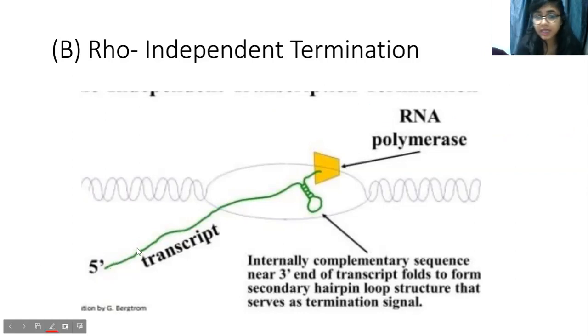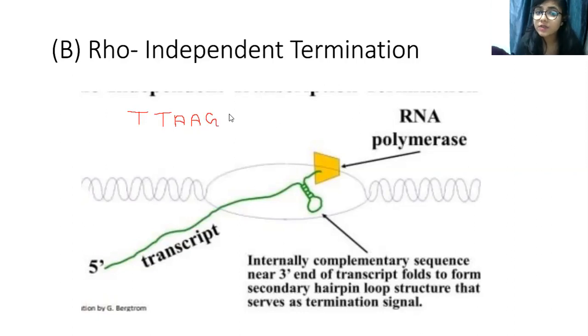Let's see it once again. What is a repeated inverted sequence? So it will be T, T, A, A, G. So it will be a repeated inverted sequence.